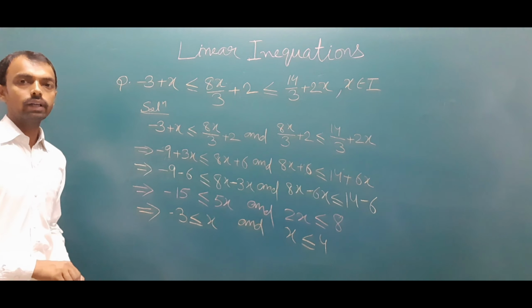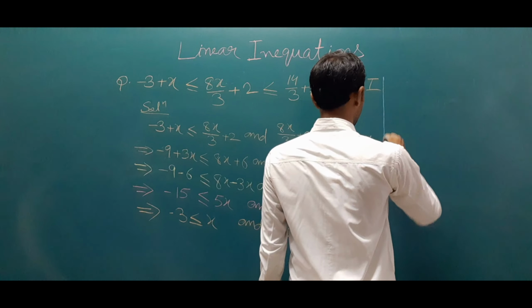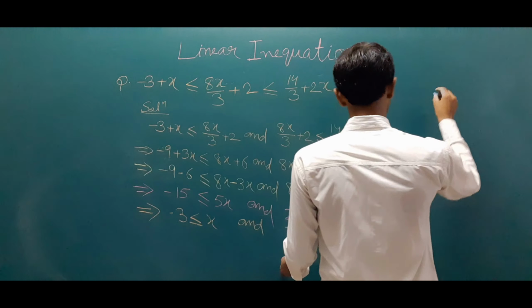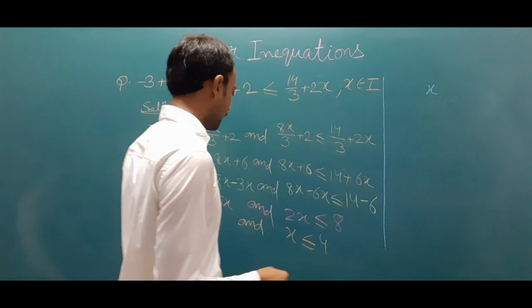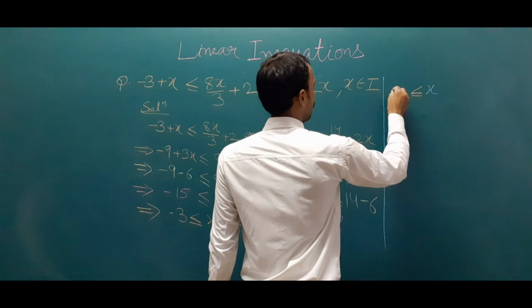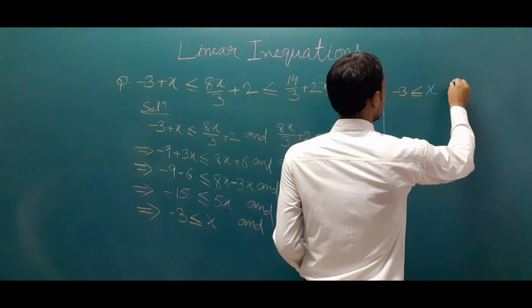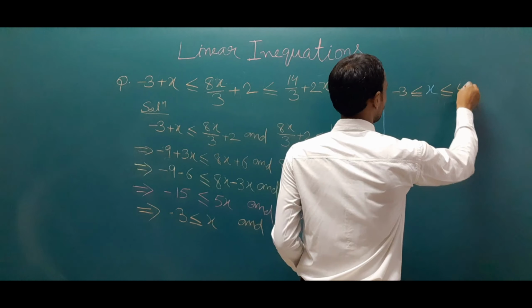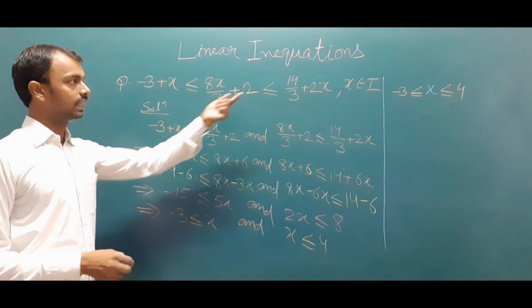So what is our range of solution? Now the range of solution will be: x is greater than or equal to minus 3, and x is less than or equal to 4. Now the value belongs to what? Integers.